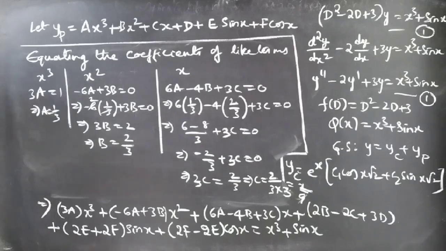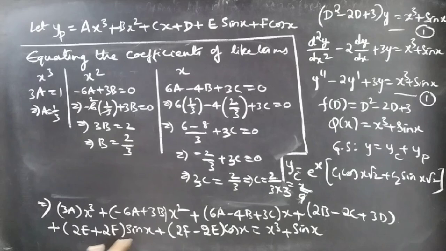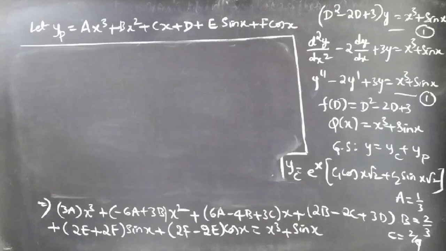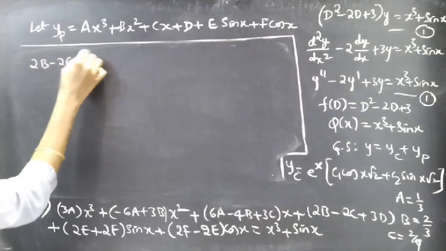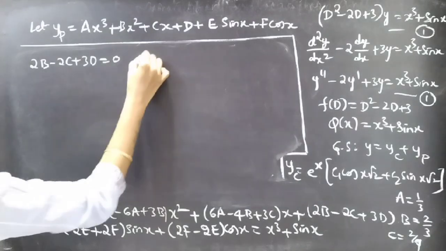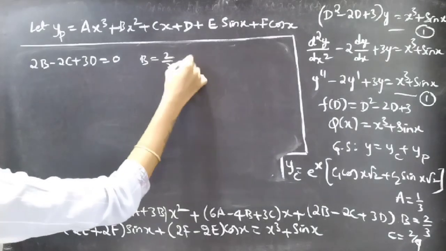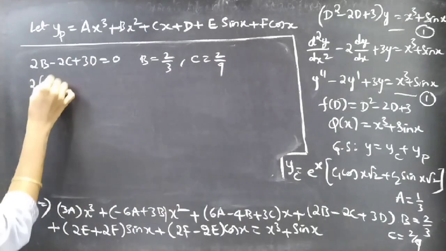Now we need to equate constants, coefficient of sin x, coefficient of cos x. Equate constants. You don't have any constant in RHS part, so take it as 0. You have the value of b and c, where b equal to 2 by 3 and c equal to 2 by 9. Substitute it.